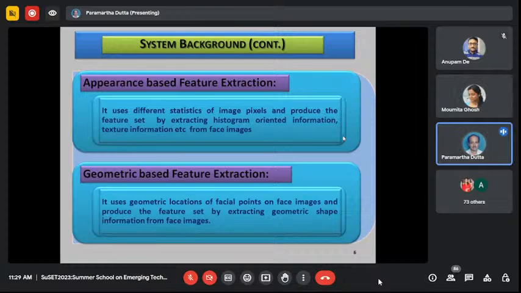Okay. To continue that, appearance-based feature extraction, which exactly is not within our scope for the present, but just to get an understanding of how exactly it deals with this, uses different statistics of image pixels and produces the feature set by extracting histogram-oriented information, texture information, etc. from face images.